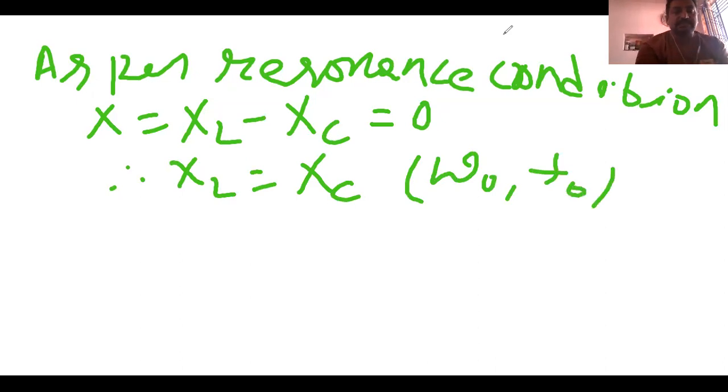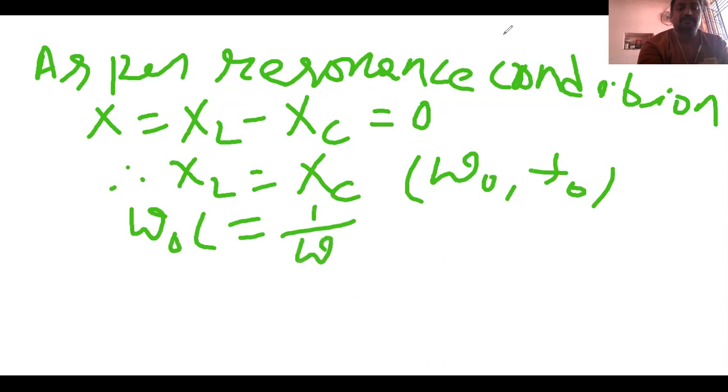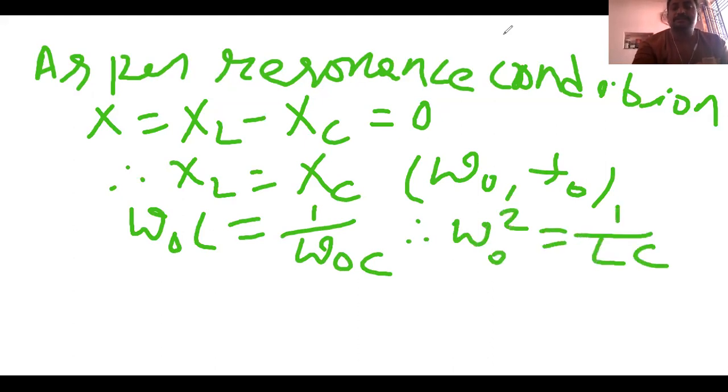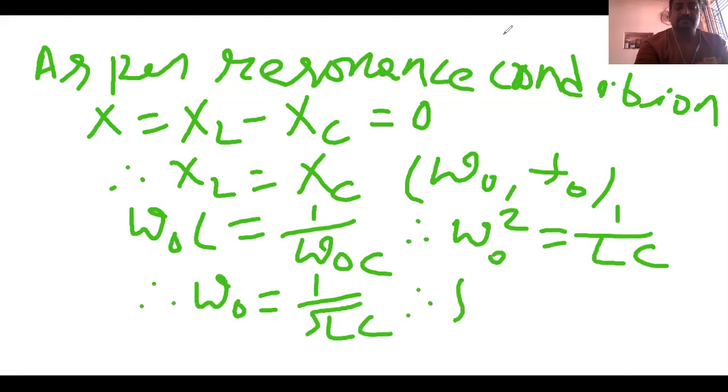Now we substitute: XL is equal to omega naught L and XC is equal to 1 by omega naught C. Therefore, omega naught square is equal to 1 by LC, so omega naught is equal to 1 by root LC. Therefore, F naught is equal to 1 by 2 pi root LC.